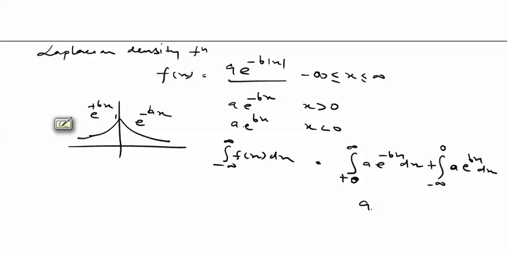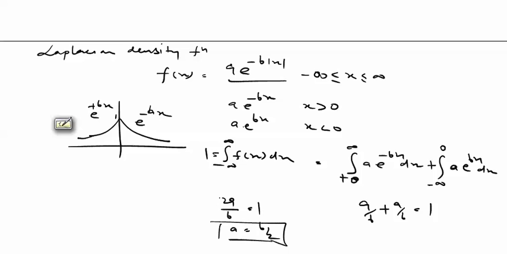By solving this, a by b plus a by b equals 1. This should be 1. 2a upon b equals 1, a equals b by 2. If this is true, then it is a valid PDF.